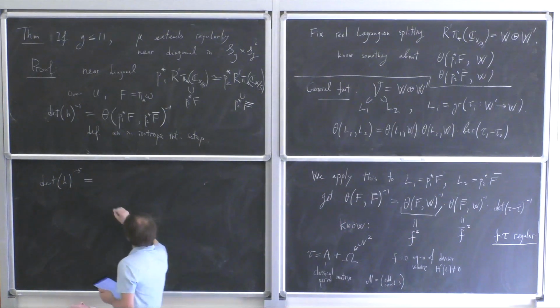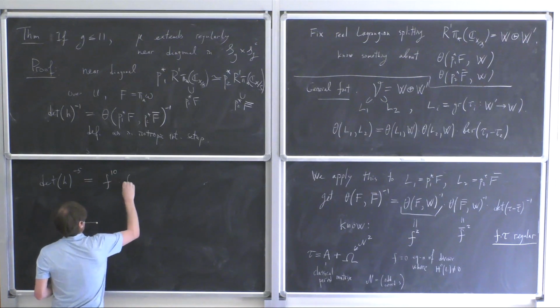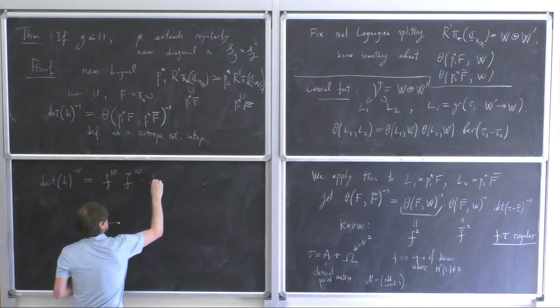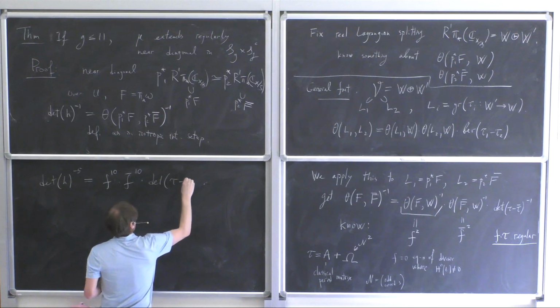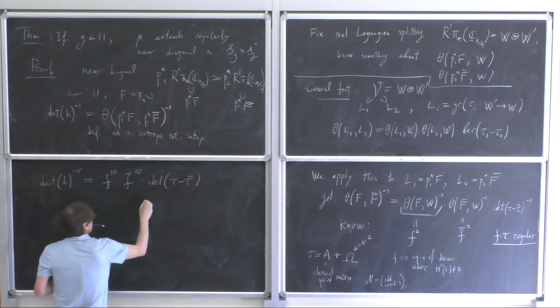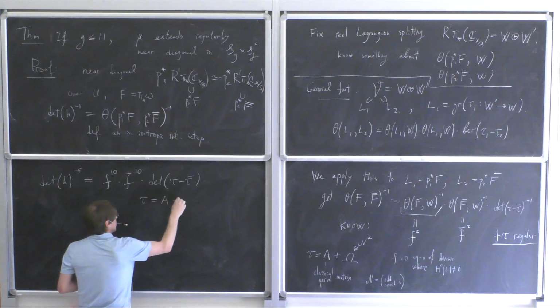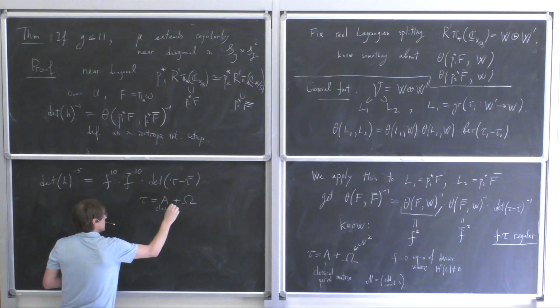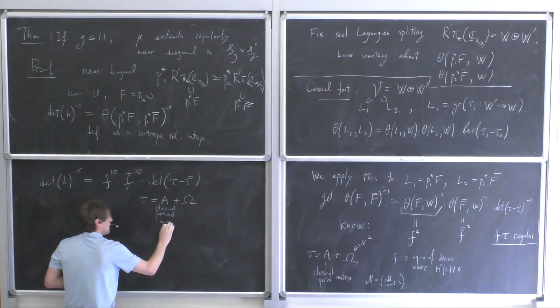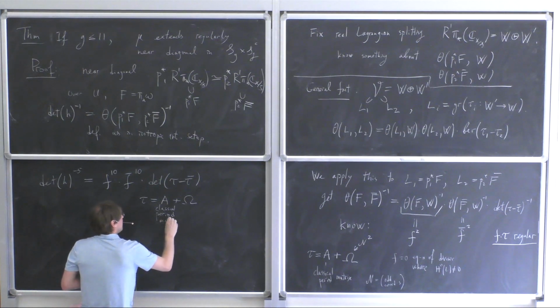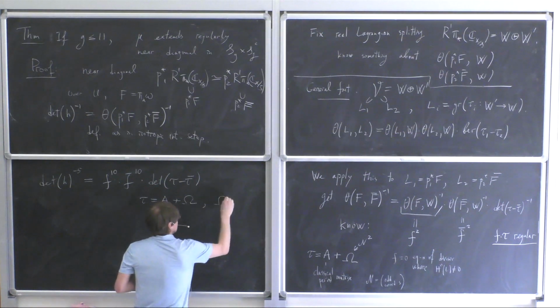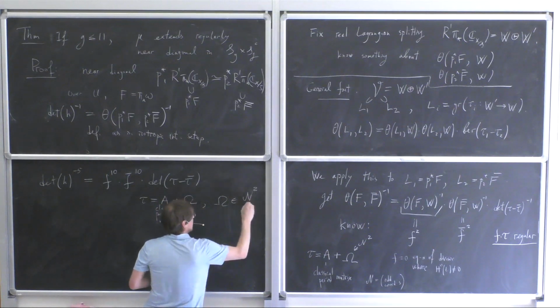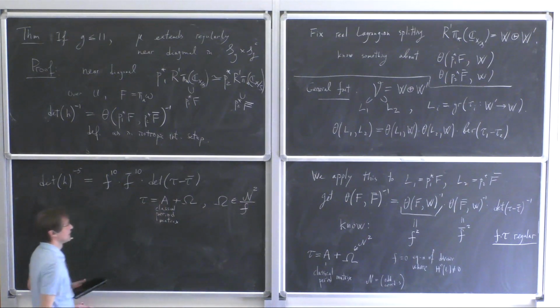So it will be f to the 10 times f bar to the 10 times this determinant of tau minus tau bar, where tau is equal to a plus omega, where a is the classical period matrix of the underlying usual curve. And omega lives in n square, and it has a pole of order at most 1 along f equals 0. So omega is written like this.